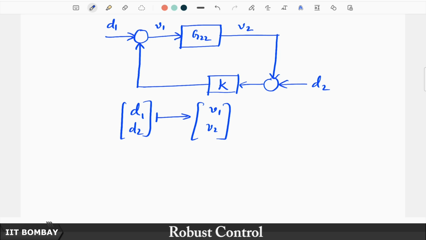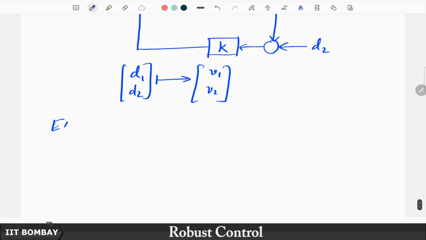So, just to motivate this discussion, let us look at the scalar case, when you have a single input, single output system, a single transfer function.